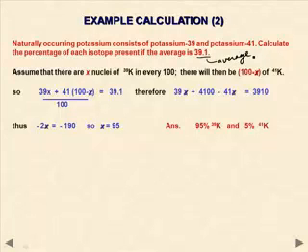Well, if there's only two of them, if the percent of one is X, the other one has to be 100 minus X. They have to total 100. So you're just going to plug that in, set up the equation the same way, solve for X, and then our final answer would be that potassium 39 is 95%, potassium 41 is 5%.